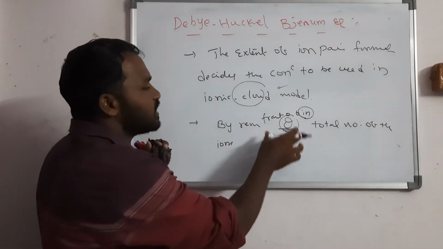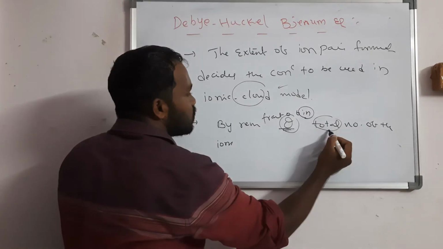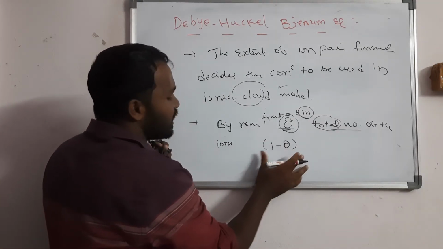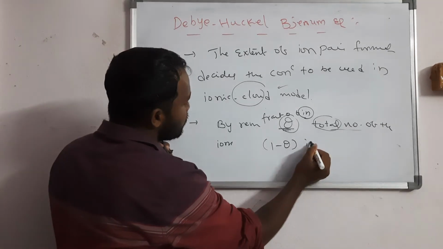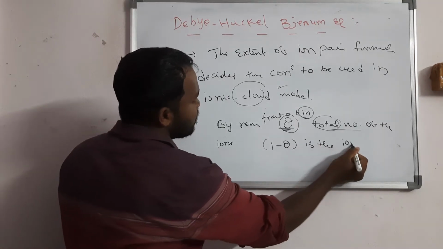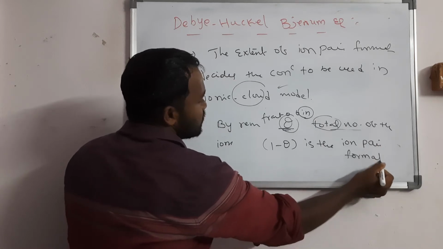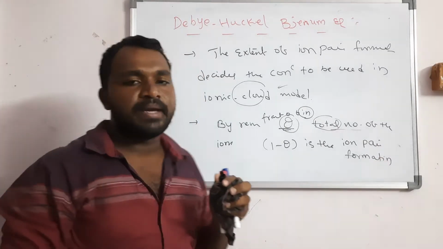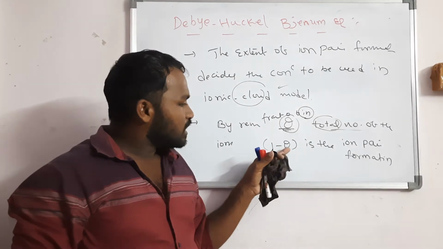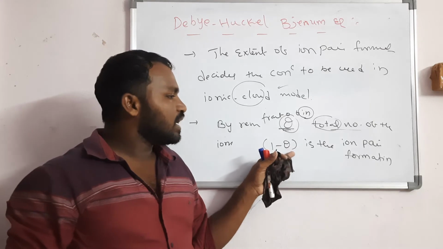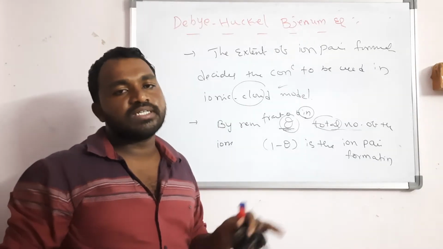By removing the fraction theta from the total number of ions, theta of the total number of ions is involved in ion pair formation. This 1 minus theta remains unchanged as free ions.